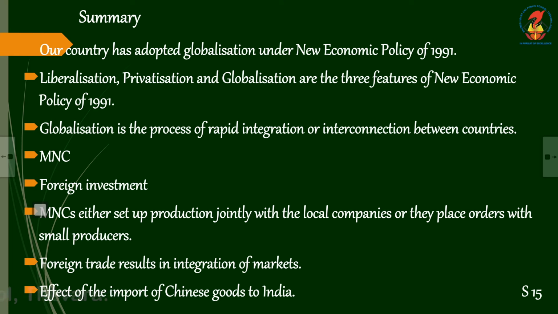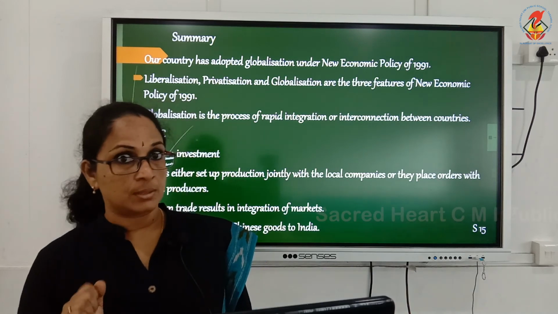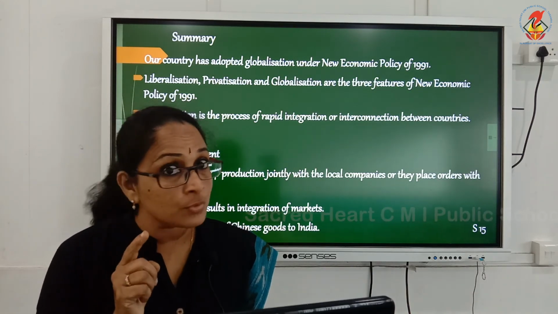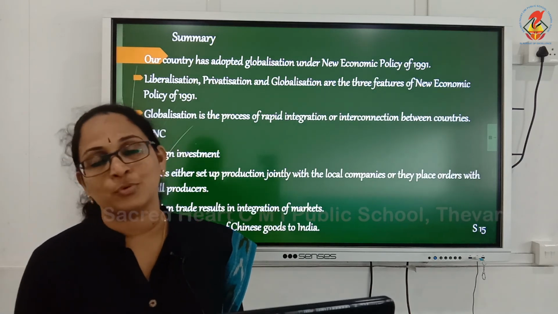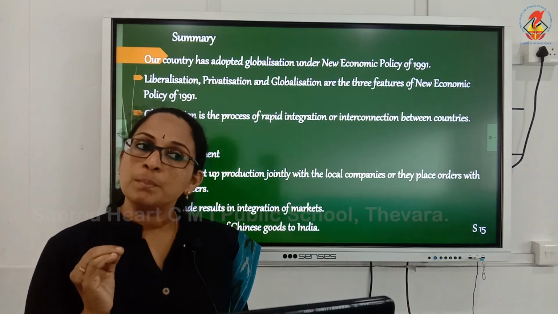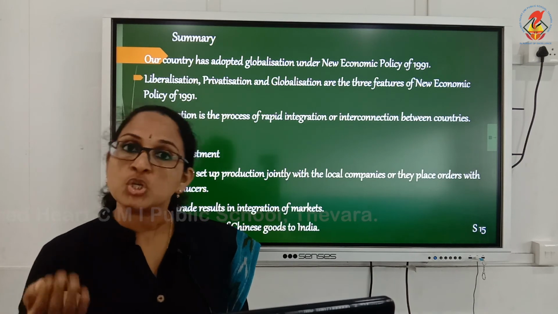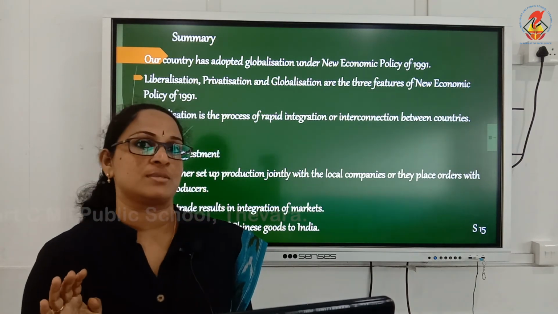And how are MNCs setting up production units? MNCs can set up production units in 2 ways. First, joining with some of the local companies, and gradually they buy that local company and expand production. Example, Cargill Foods, an American MNC, and Parag Foods, an Indian company. Now Parag Foods joined under Cargill Foods.